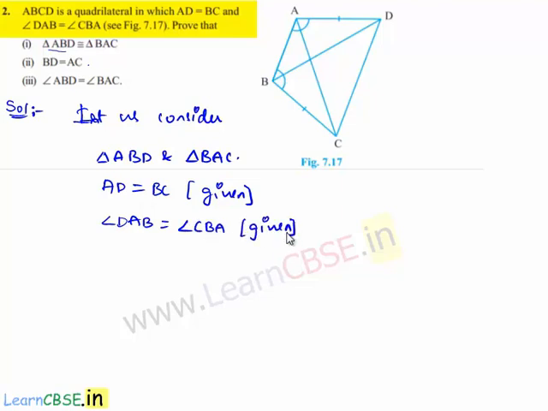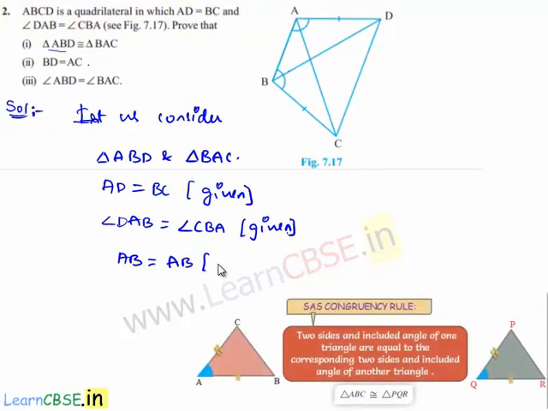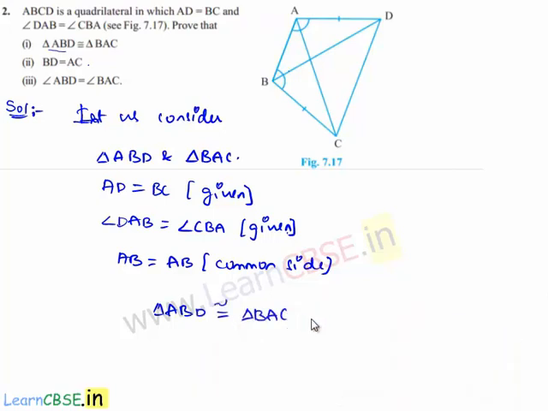And if we observe clearly, AB is common side for both the triangles ABD and BAC. Now, according to SAS property, triangle ABD will be congruent to triangle BAC, which is our first proof required.